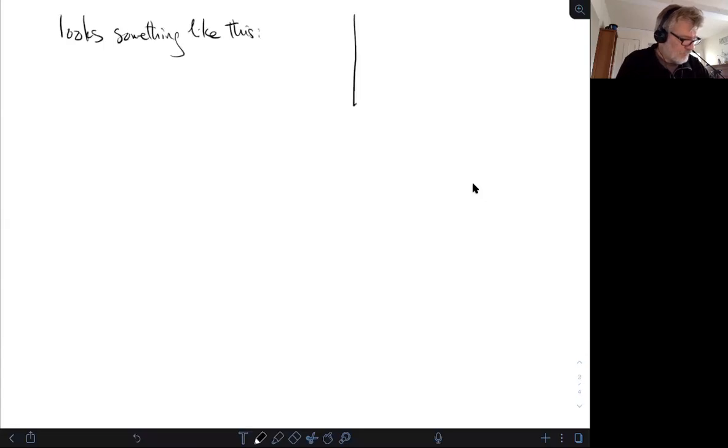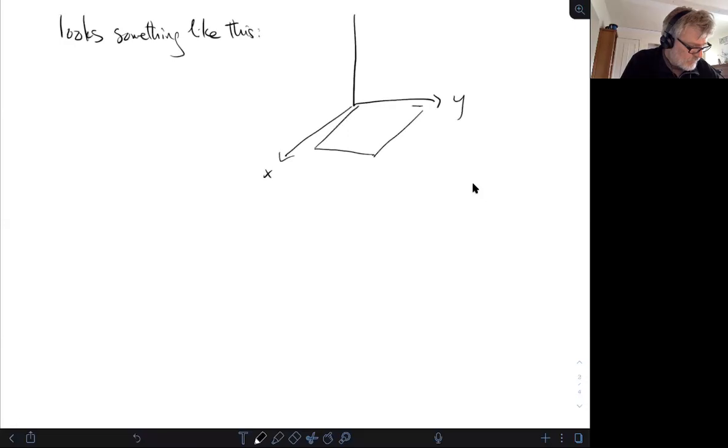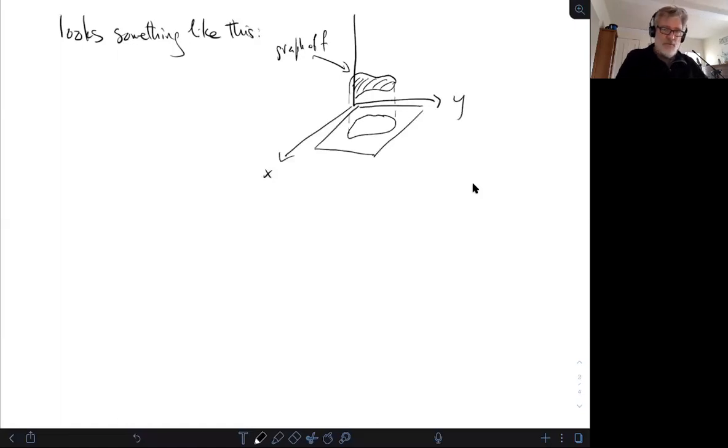So this is x, this is y. I have a certain rectangle that contains my region S like that, okay? The function little f has its graph over S, right? And on the rest of the rectangle, it's 0.